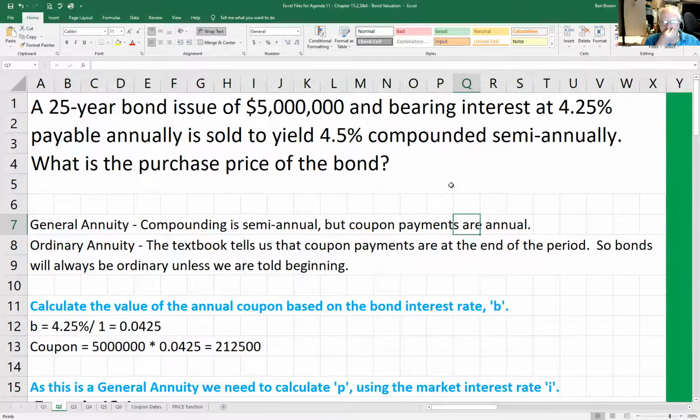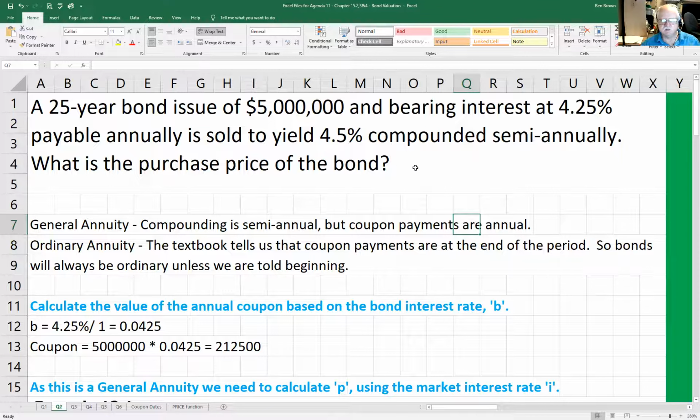So we can see that this is a general annuity because the compounding is semi-annual, but the coupon payments are annual. We can also see that the interest rate has gone up. So this bond will be selling at a discount because it was written at a lower interest rate than the interest rate available in the market today.